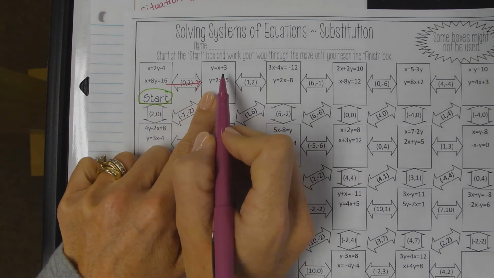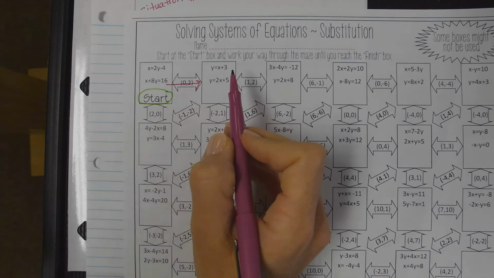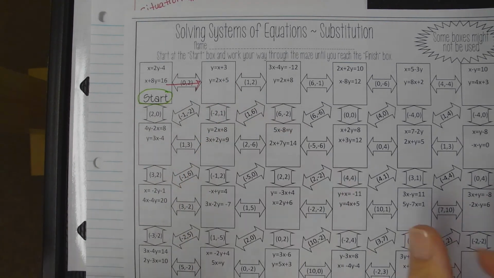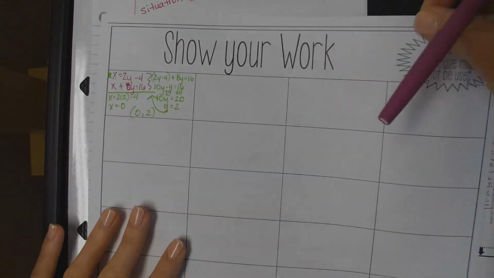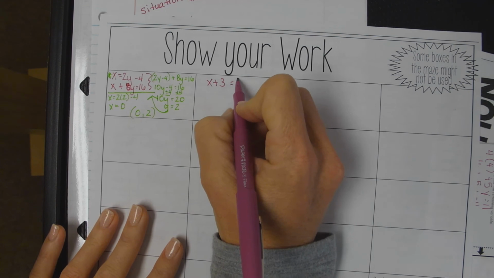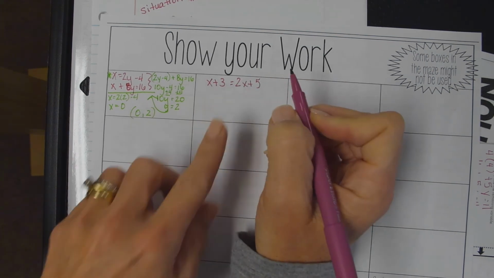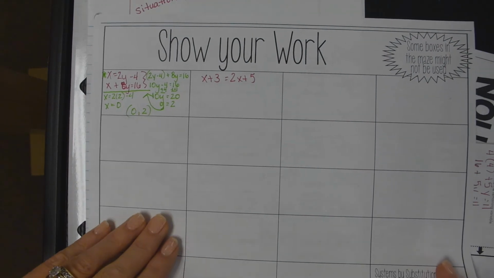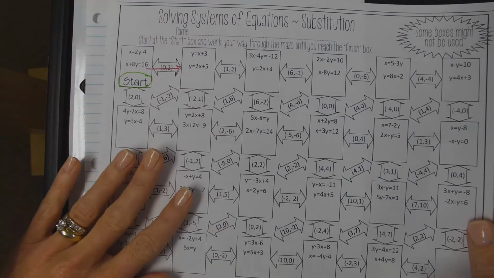What situation does this one fall under? 1, 2, or 3? This one is 3. x plus 3 equals 2x plus 5. Solve for x, get your x, and then find y. I'm going to let y'all work.